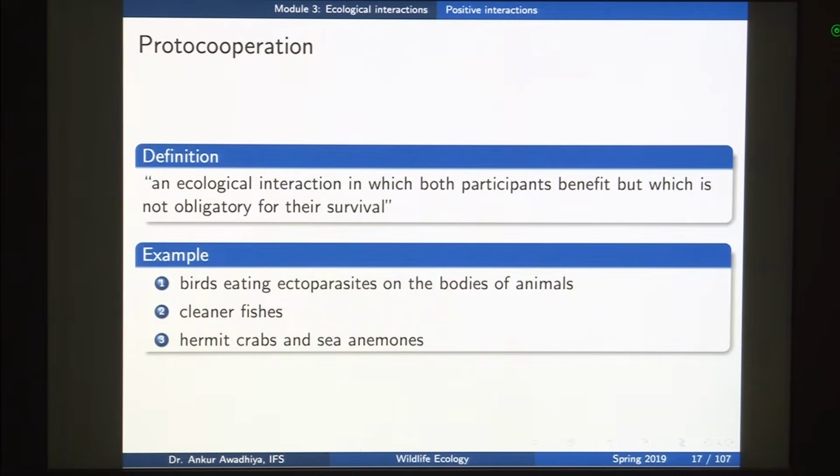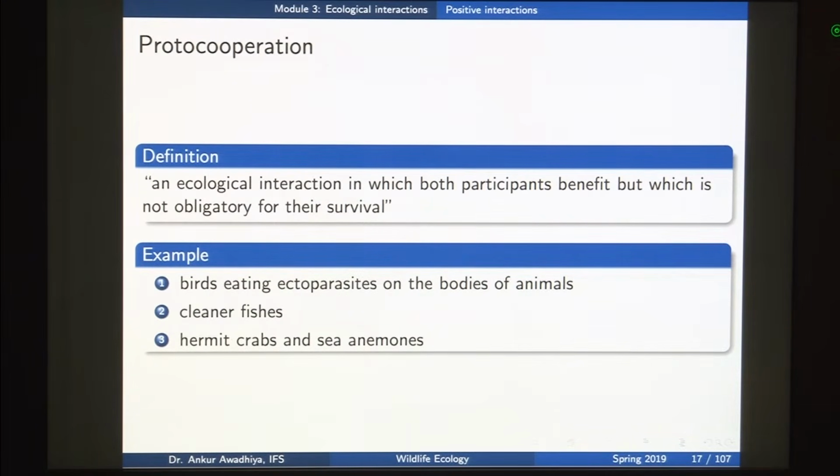Proto-cooperation is defined as an ecological interaction in which both participants benefit, but which is not obligatory for their survival. In proto-cooperation, you have two entities, both of them interacting in a way that they are mutually benefited. The first party gets a benefit, the second party also gets a benefit.